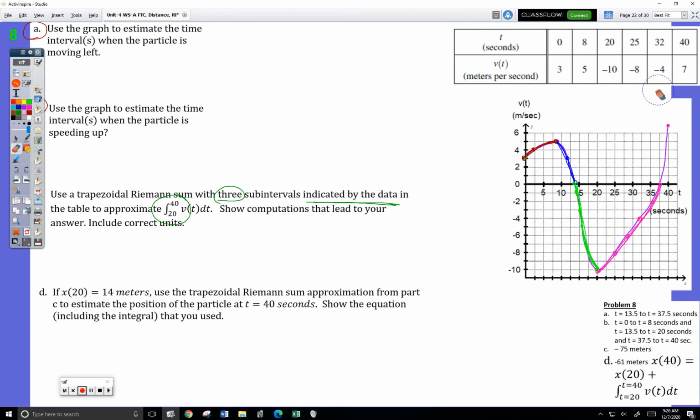We start at 20. We end at 40. And we need 3 subintervals as indicated in the table. So here's my first subinterval, turns out to be 5 seconds long. Second subinterval turns out to be 7 seconds long. Third subinterval turns out to be 8.